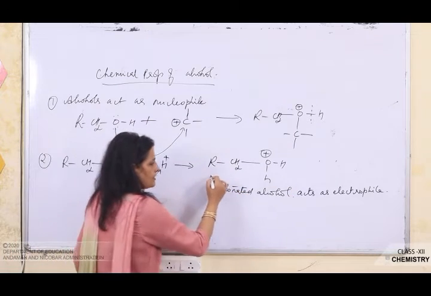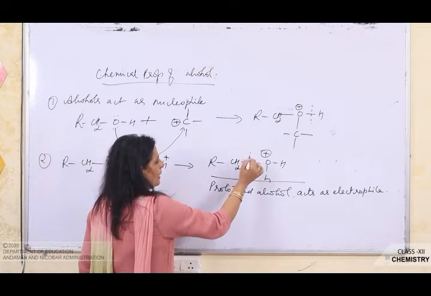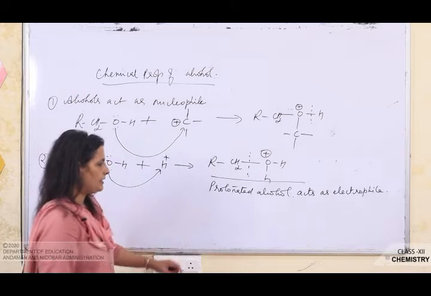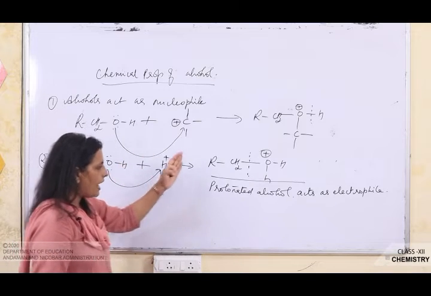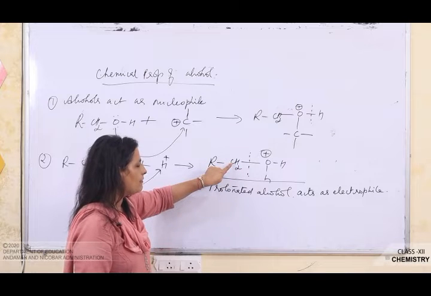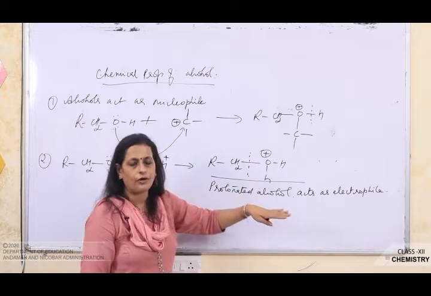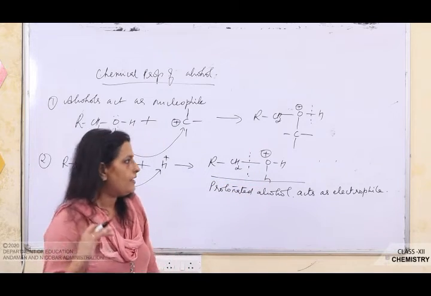When this reaction is happening, the bond cleavage taking place is between carbon and oxygen. That is, when a proton adds to an alcohol, during the reaction the bond cleavage takes place between whom? Carbon and oxygen. So, all these points are very important when you are going to study chemical reactions.